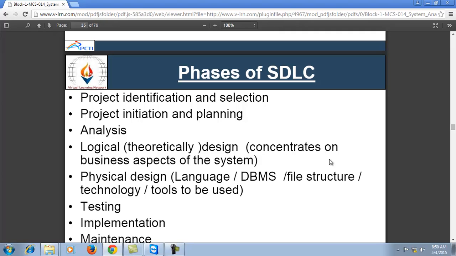Political: no political pressure or issues can affect the development of the software. Psychology. The psychological factor should also be considered during the development of the software, because ultimately this software system is to be used by human beings, and every human being is affected by the psychology or intentions of a particular software.